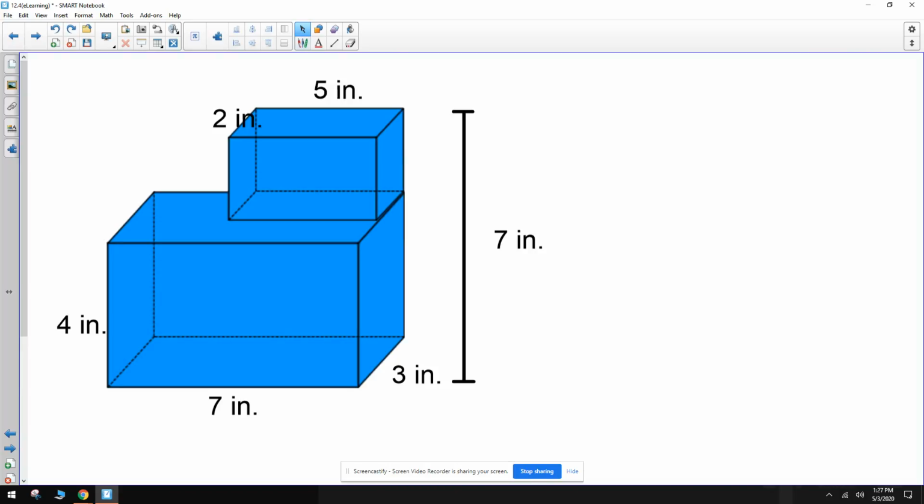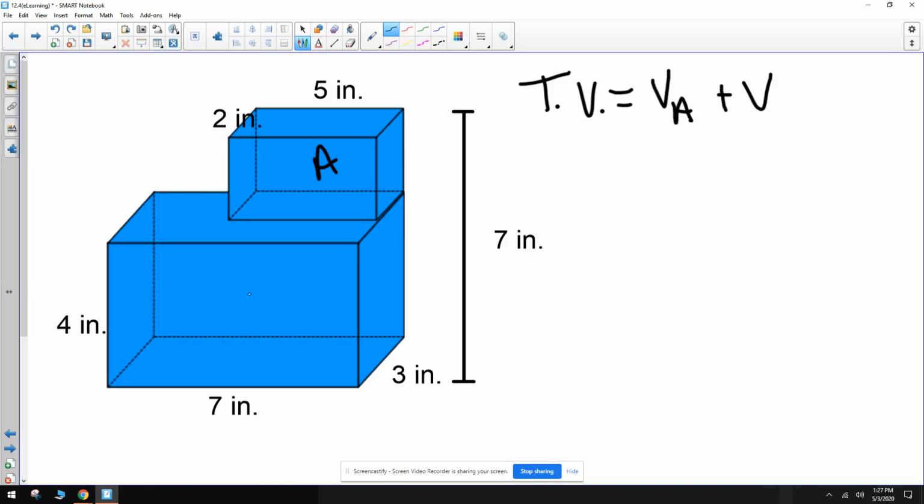So my total volume is going to be the volume of, let's say, shape A plus the volume of shape B. The volume of shape A is a prism. Actually, hold on, I don't want to confuse you. Let's make that A. It is a prism, so I'm going to use the prism formula, which is the area of the base times the height.